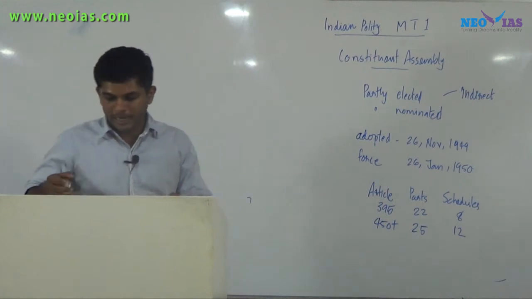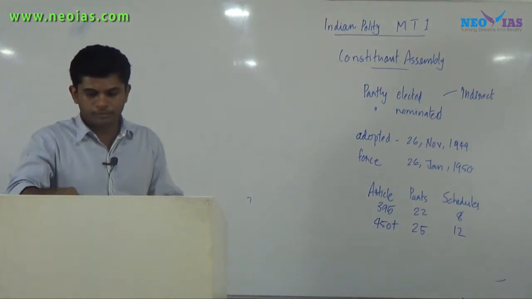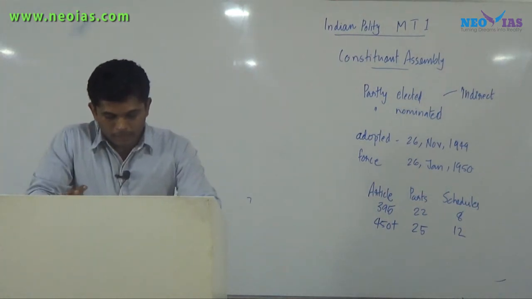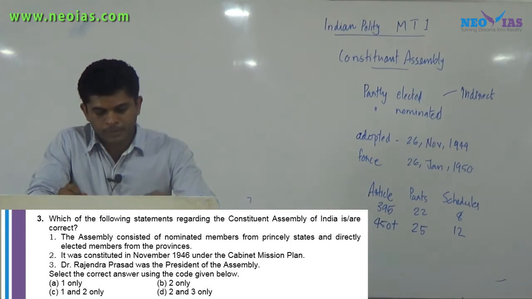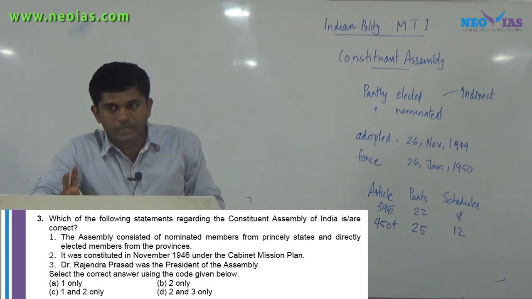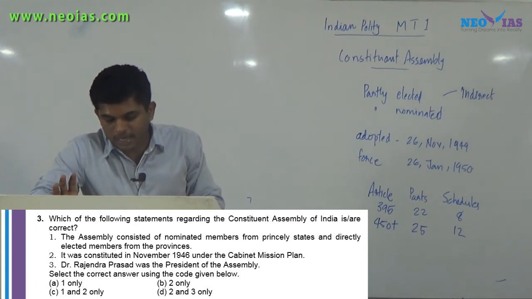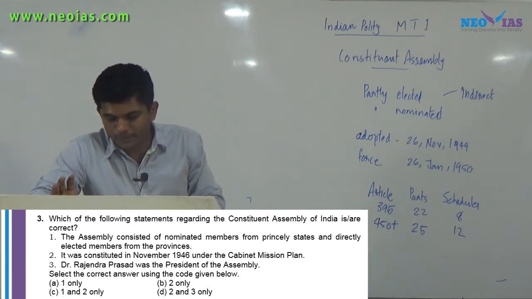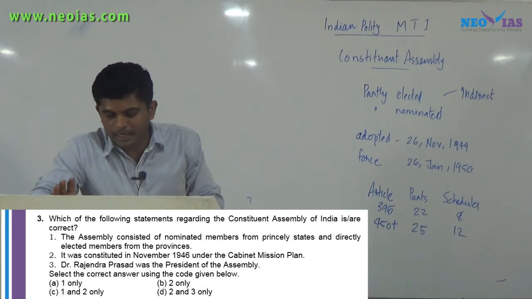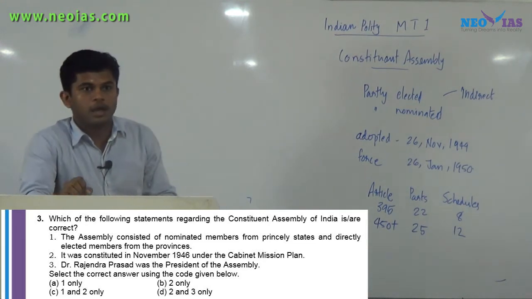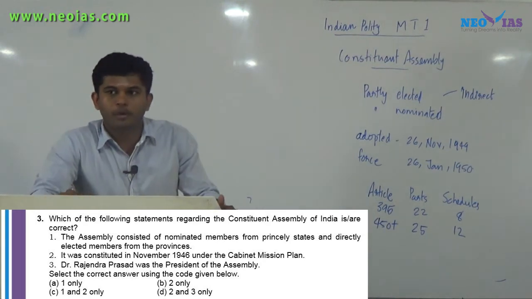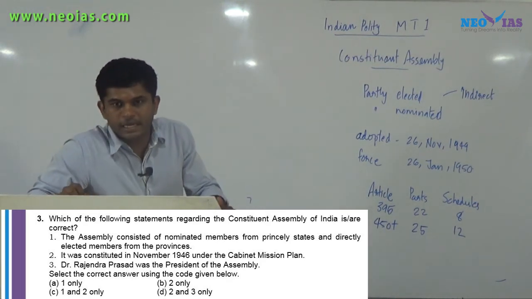Now we will try to solve questions 3 and 4. The third question is, which one of the following statements regarding the Constituent Assembly of India is or are correct? Here also it is a 3 statement question, so you need to go for the elimination method. The first statement, the assembly consisted of nominated members from princely states and directly elected members from provinces, is wrong because of the words directly elected.